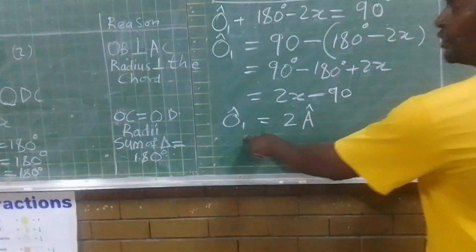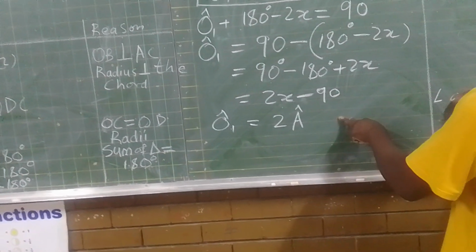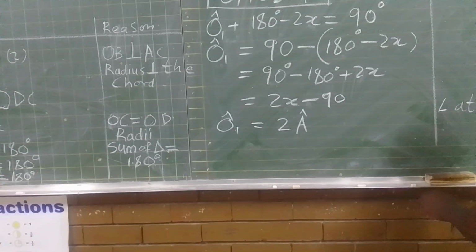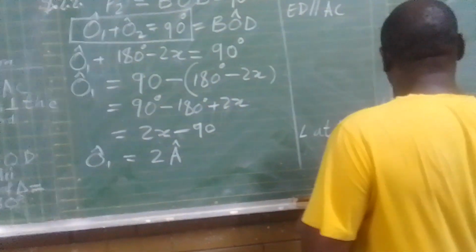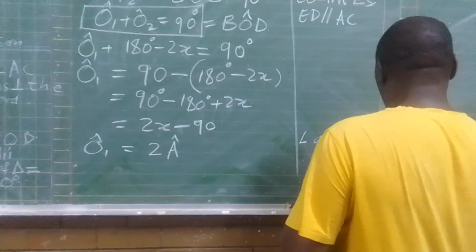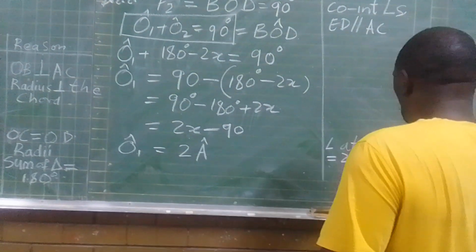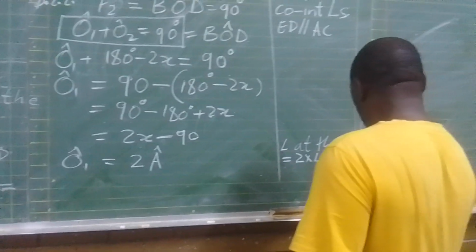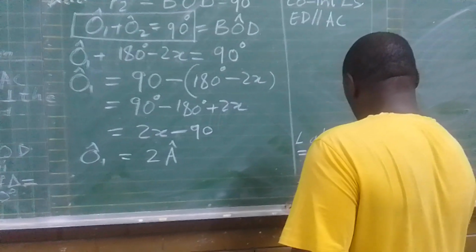There is a theorem that says angle at the center equals 2 times angle at the circumference.